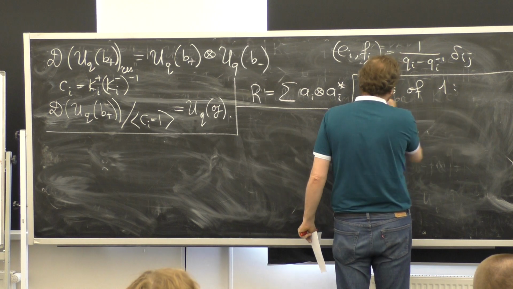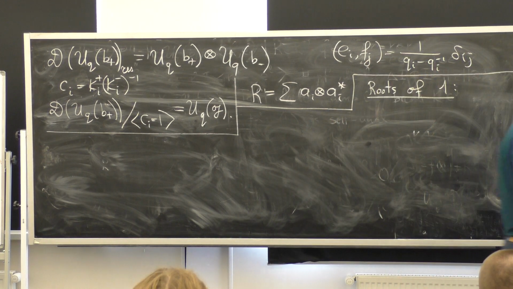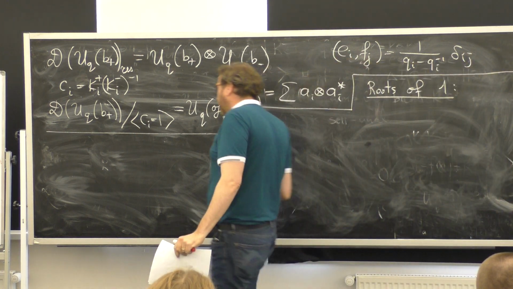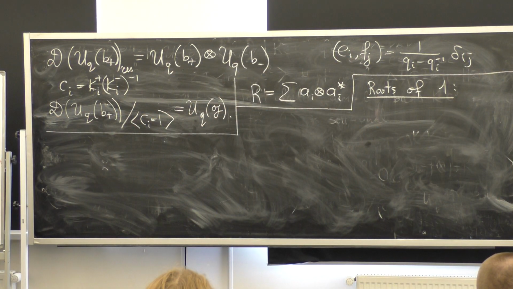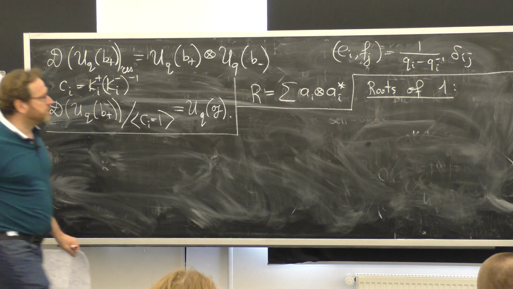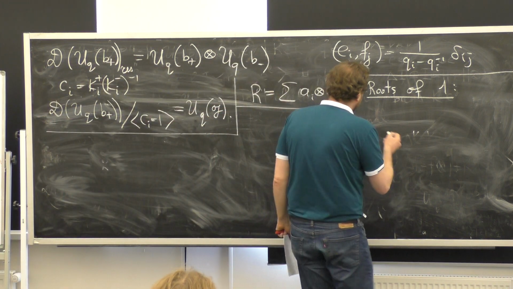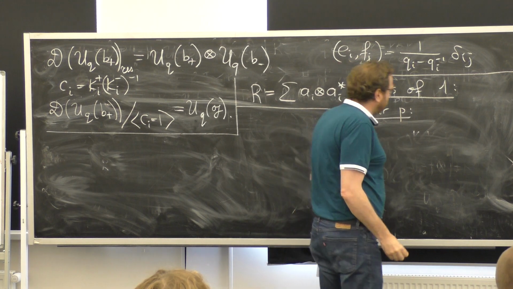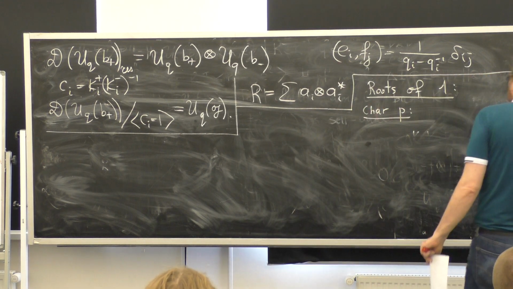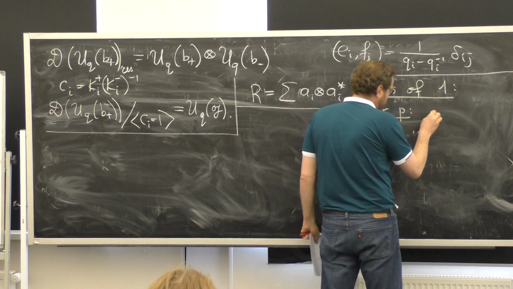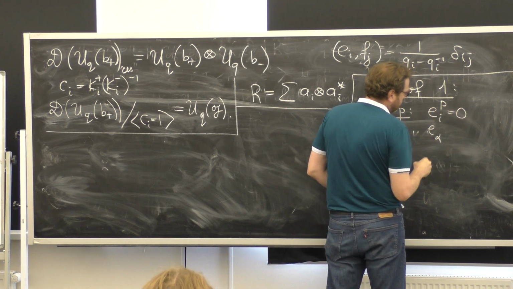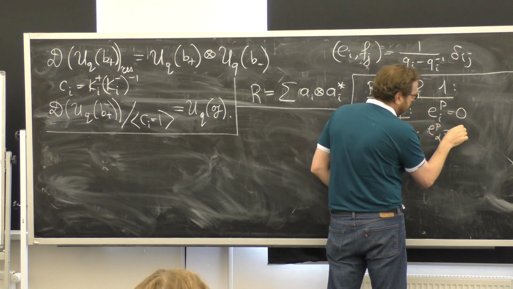Again, things get more complicated because, remember, roots of unity were a generalization of characteristic p. And in characteristic p, to get the restricted enveloping algebra, we need to impose the relations not just e_i to the p equals 0, but also for all roots, not necessarily simple roots.